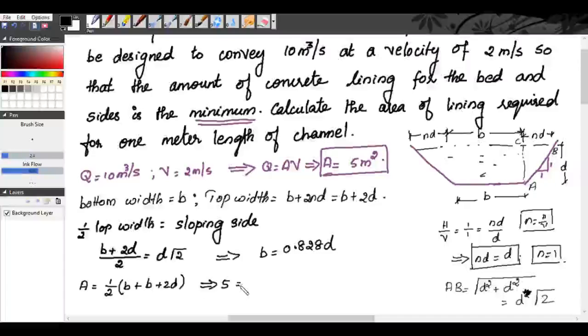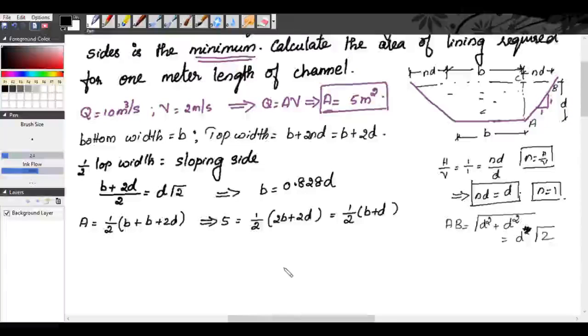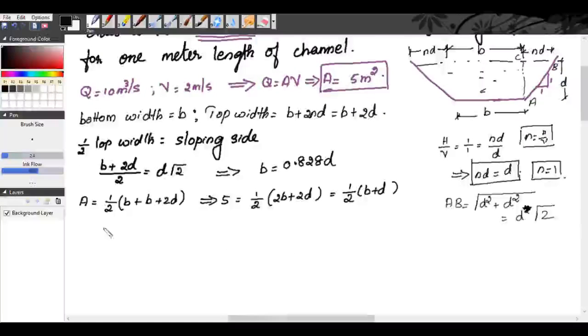So we get 5 is equal to half of (2B plus 2D), so half of (B plus D). Now substitute B is equal to 0.828D. We get D is equal to 1.644 meter and B is equal to 1.369 meter.